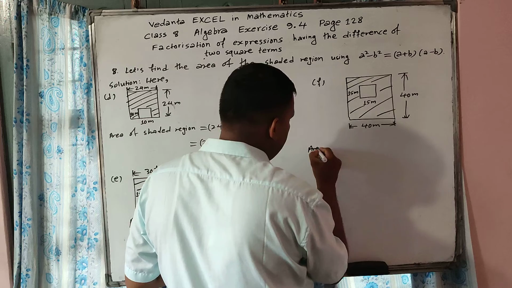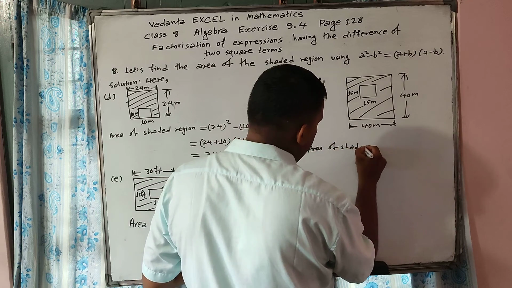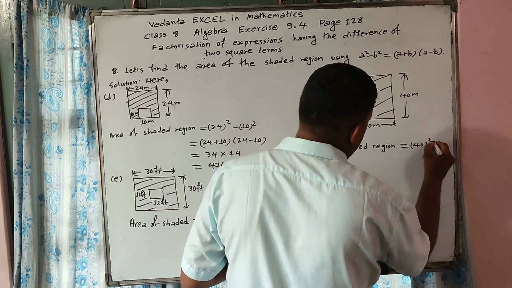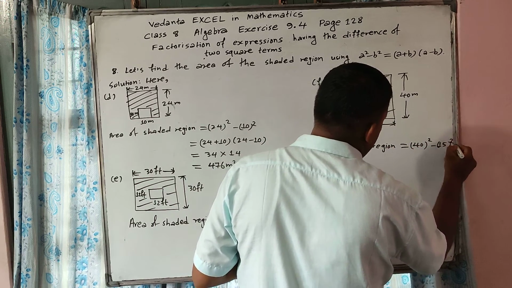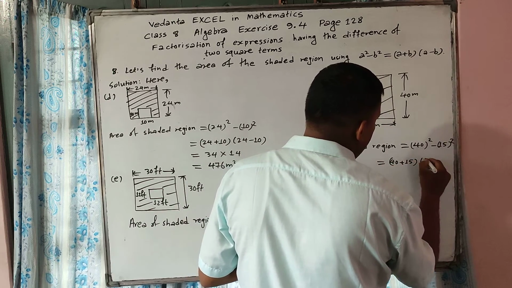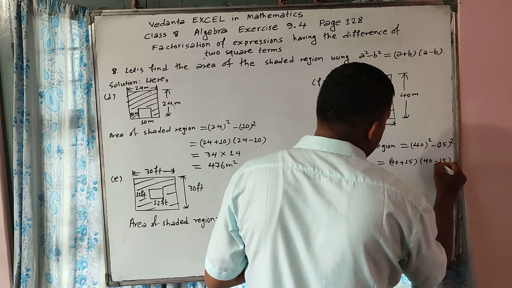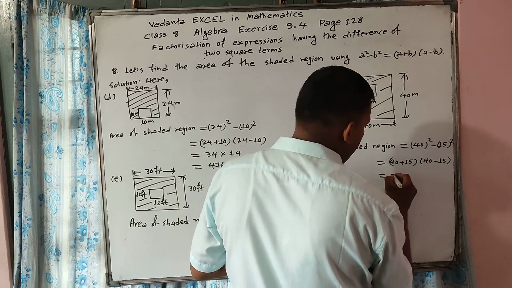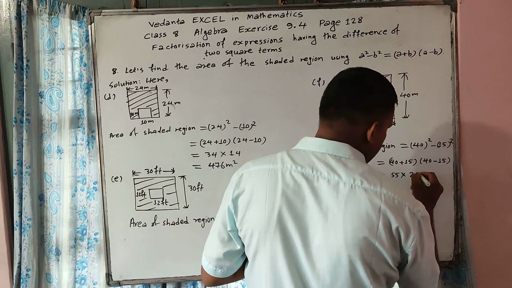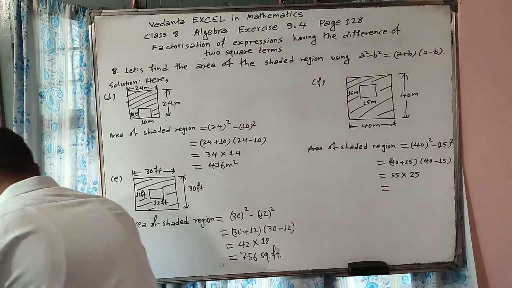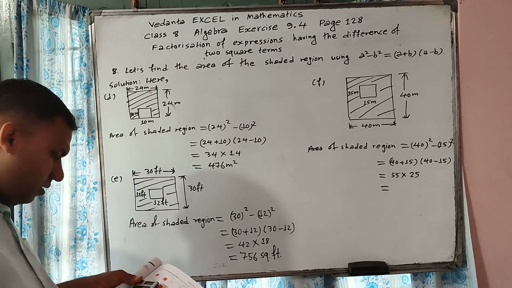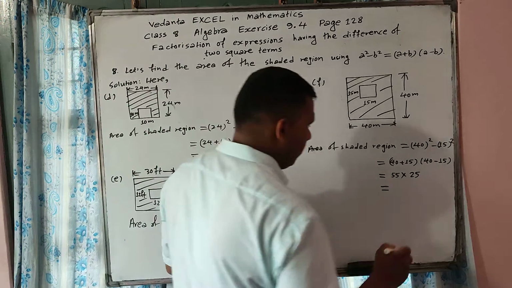Now area of shaded region equal to 40 square minus 15 square. Is equal to 40 plus 15 into 40 minus 15. 40 plus 15, that is 55, into 40 minus 15, that is 25. Let's calculate this. 55 into 25 is 1375 meter square.